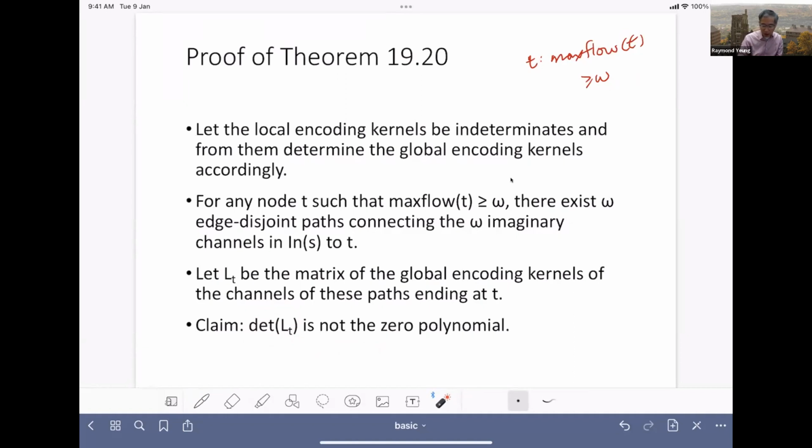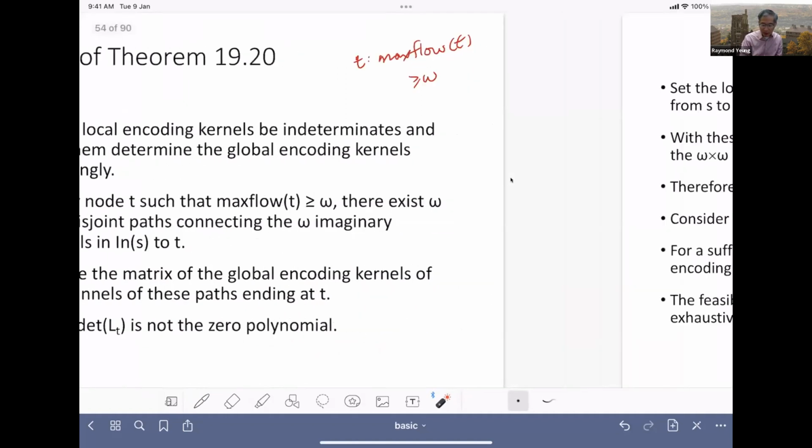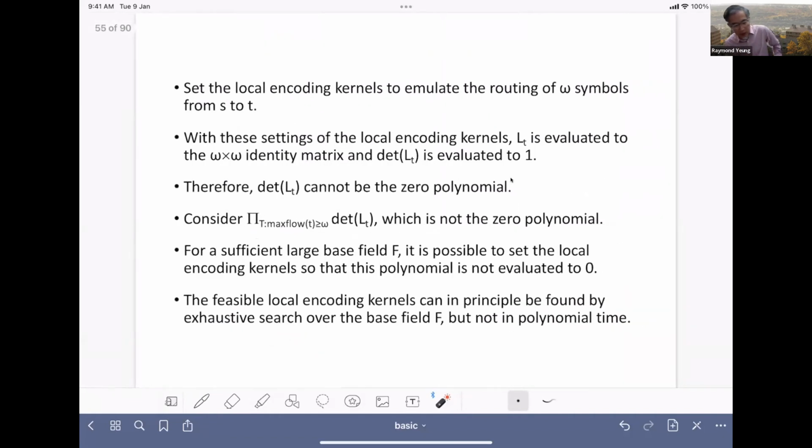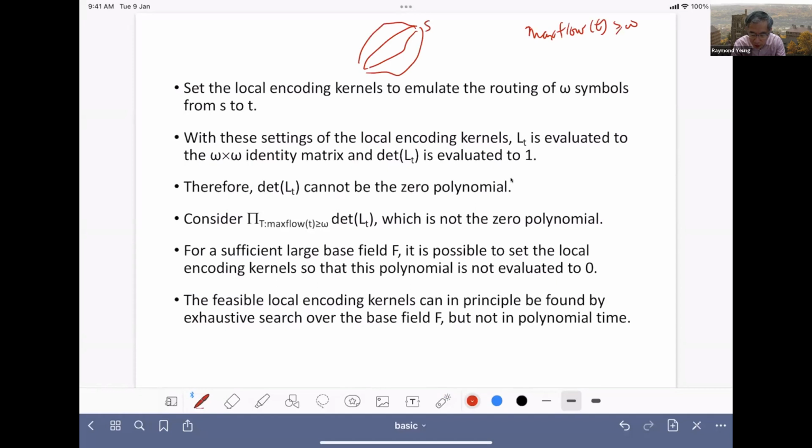So how do we see that? The main idea here is that if maxflow(T) is greater than or equal to omega, then we can find omega edge-disjoint paths from S to T, right?